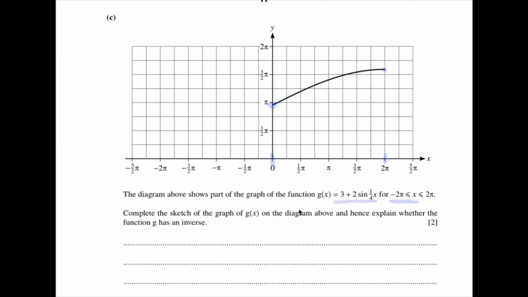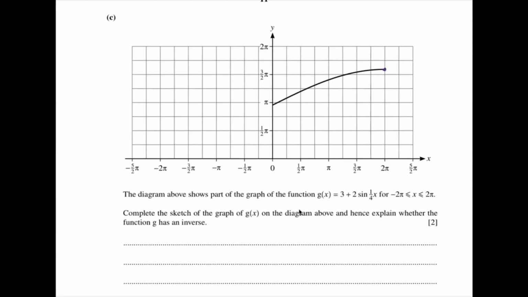And it's just a sine wave, so it needs to be completed. So this point is 2 pi comma a little bit above 3 pi by 2. So we just need to complete this over here.